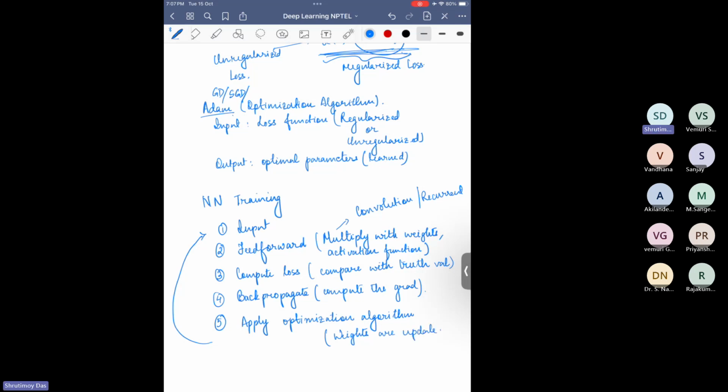This applies to all the weights: the normal feed forward weights, attention weights, the convolution filters, all of these are updated during this optimization algorithm. You compute the gradient of all of these, then you apply the update, and you repeat this whole process until you are satisfied.